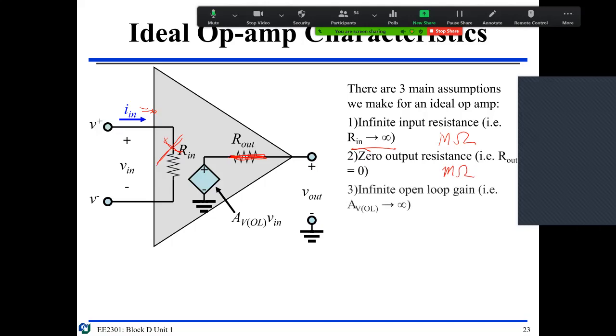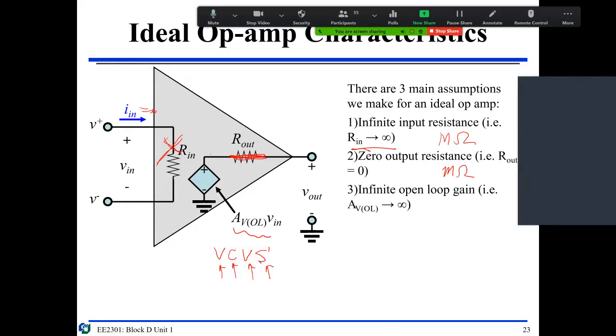The third one is the open loop gain. We are talking about a VCVS, a voltage controlled voltage source. It's a dependent source, as you have learned.